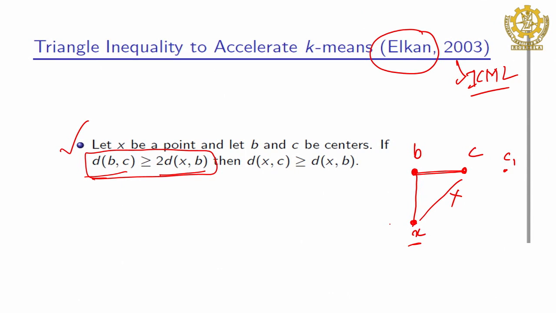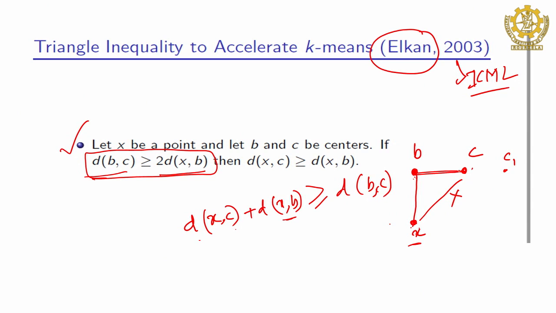So, how they got this theorem, we will see here. From the triangle inequality, we can write distance from b to x plus distance from x to c is greater than or equal to distance from b to c.